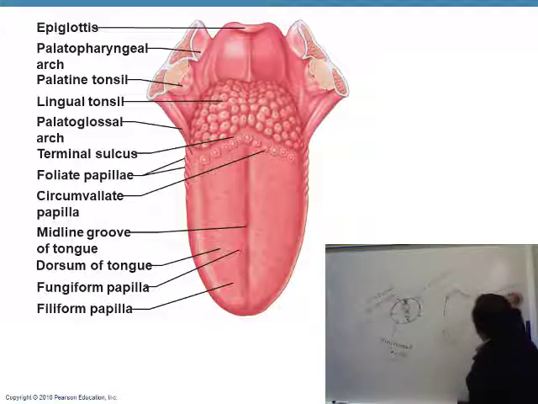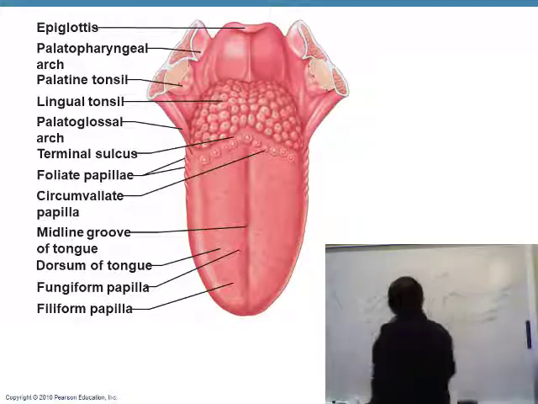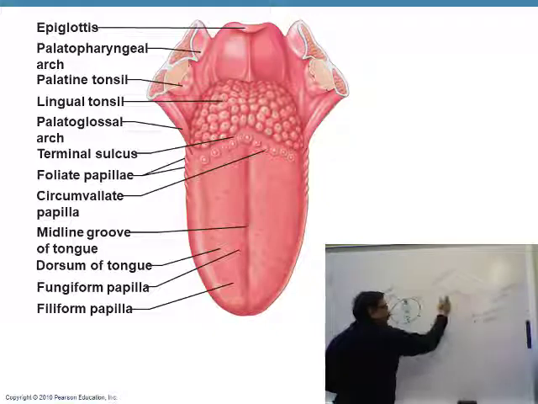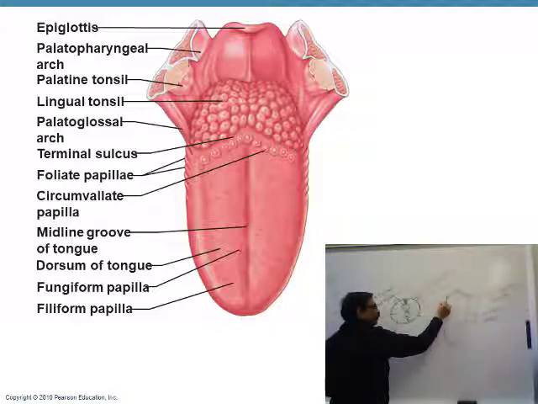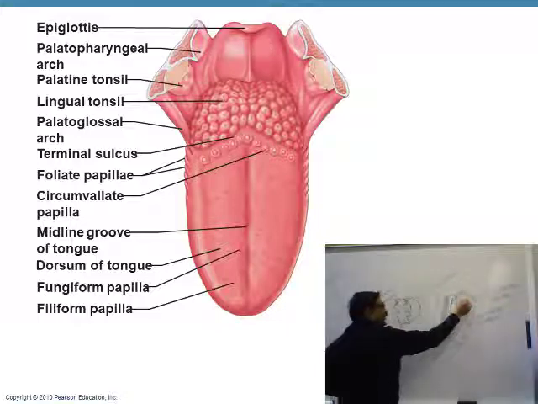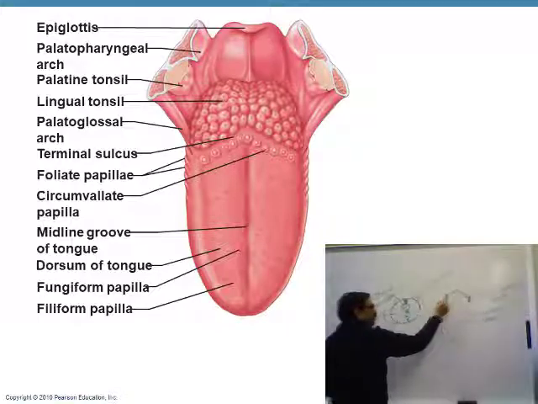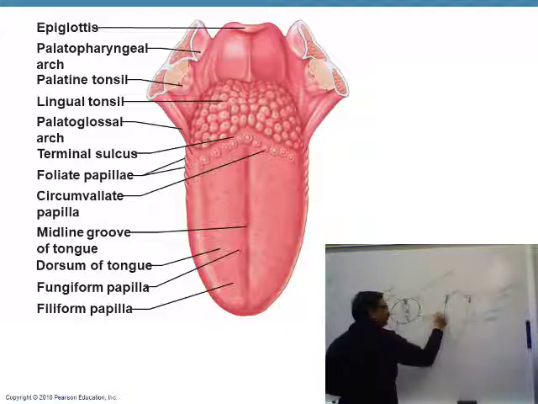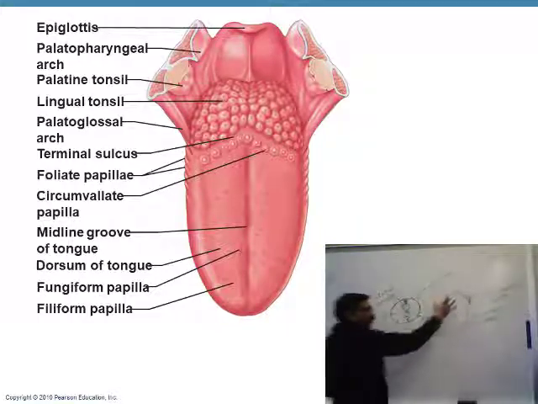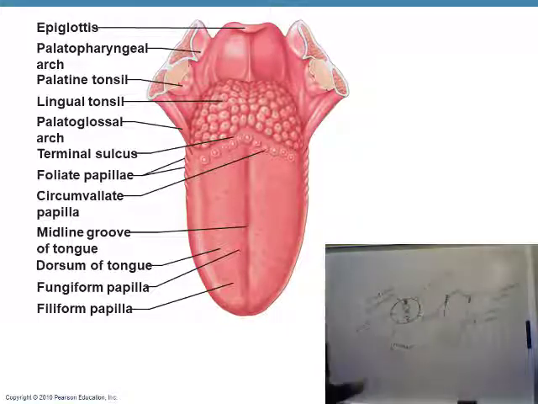Okay, and in both sides of the tongue in the back part, you have another type of papilla, like foldings. These are foliate papilla. So those are the four types of papillas we see in the tongue.